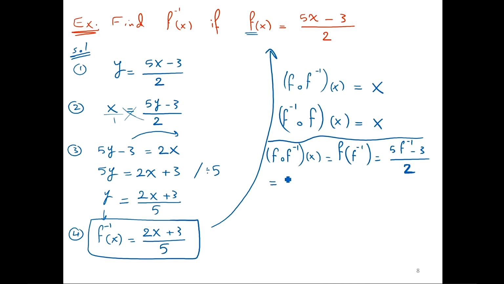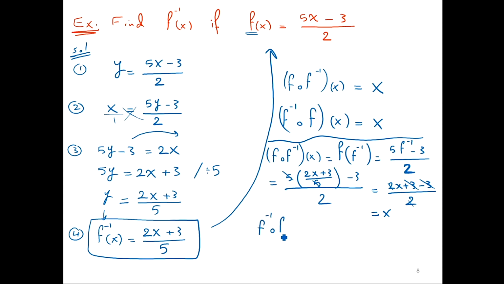So we have 5 times the value of f inverse, 2x plus 3 over 5, minus 3 over 2. We can remove 5 with 5. So we have 2x plus 3 minus 3 over 2. Remove 3 with negative 3 and 2 with 2, so we have x. Okay, so this is the value. Also we must check f inverse composite f.